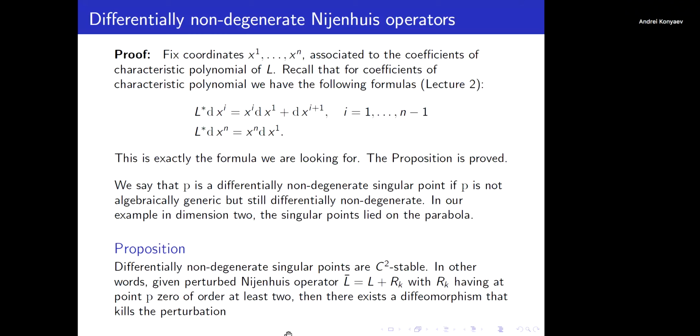So we take the coordinates of L associated with functions, and we see that the trace is just the first coordinate plus some higher order terms starting with order 2, for example, right? Then the second is x2 plus some higher order perturbation, right?